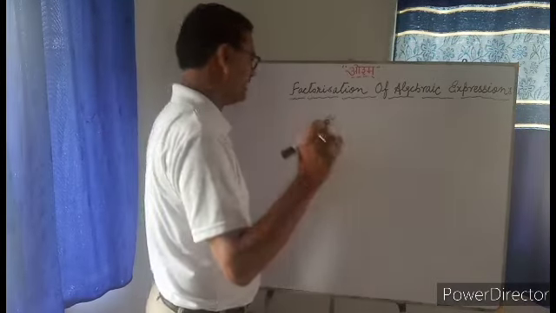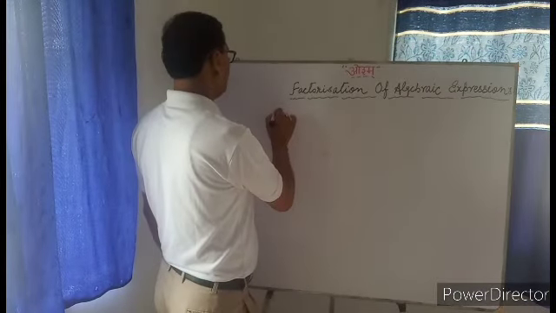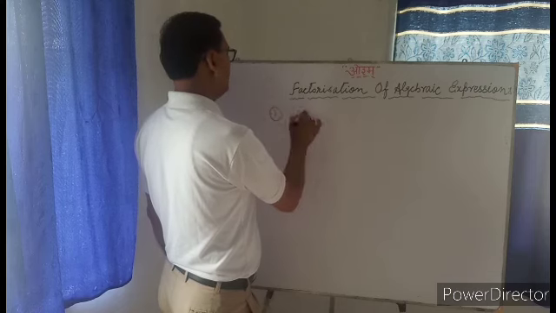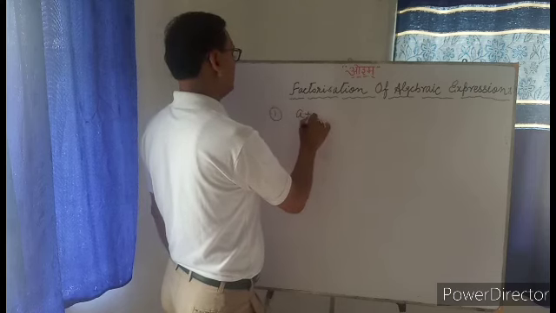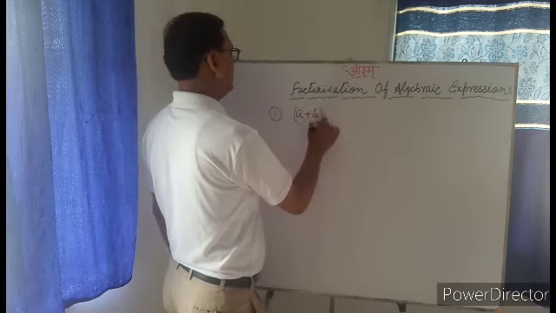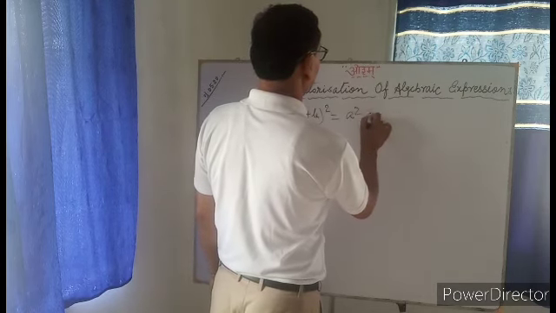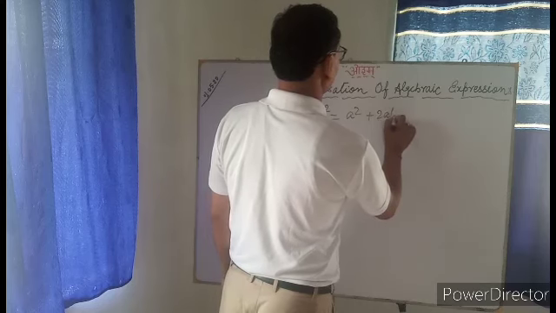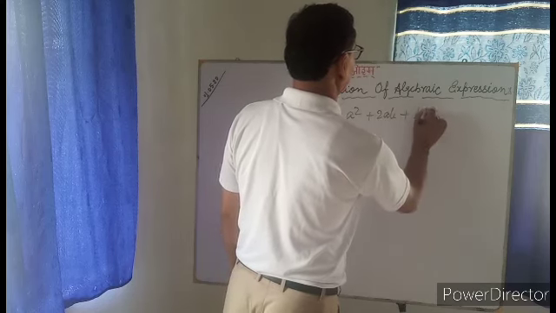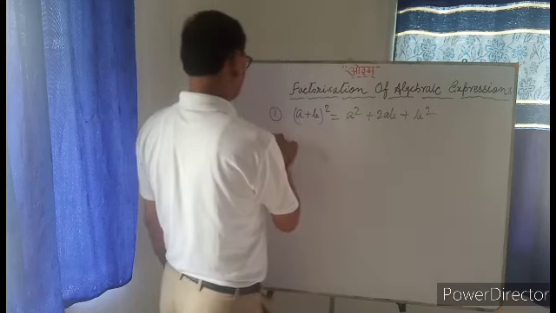The first one was identity number one: (a + b) whole square is equal to a square plus 2ab plus b square. You must recall it. All are positive here.